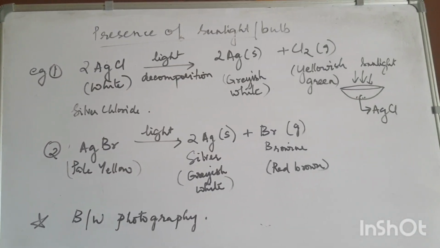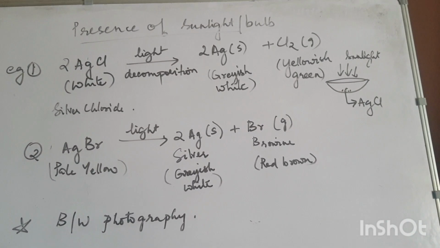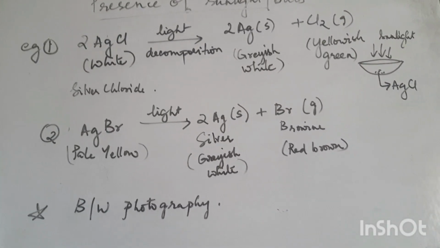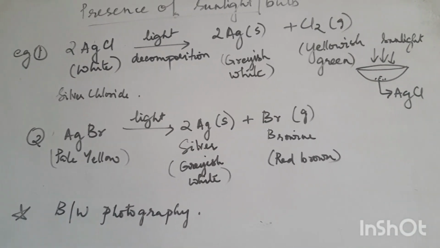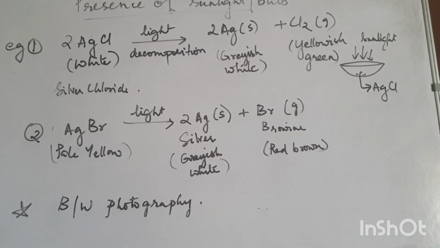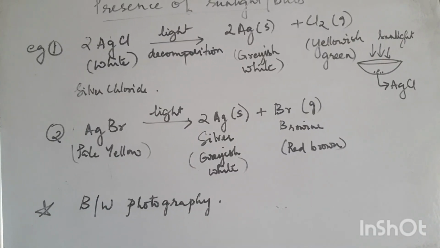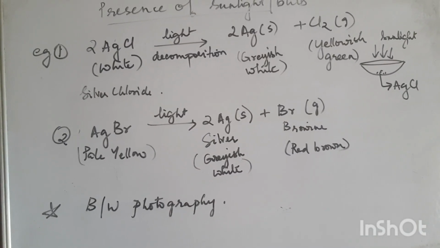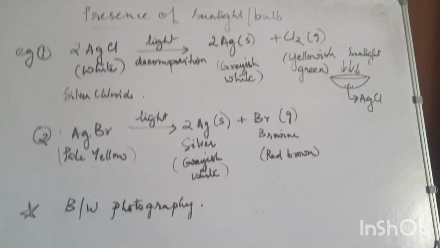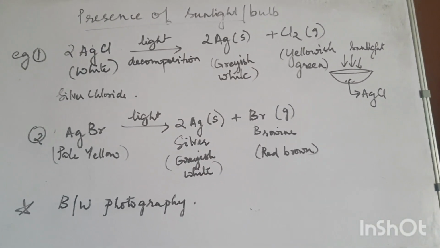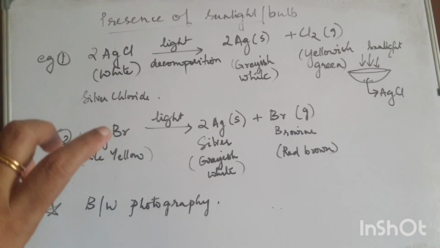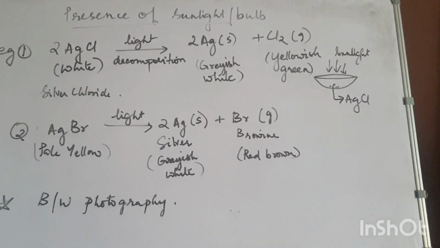So you can see over here, silver chloride will split to form silver and chlorine. Silver bromide will split to form Ag and Br. So most often the question comes: why can't silver chloride and AgBr be stored in any bottle? Why are they stored only in dark bottles? The reason is that they will come in contact with sunlight or bulb light, so they undergo decomposition and the compound will form simpler compounds.